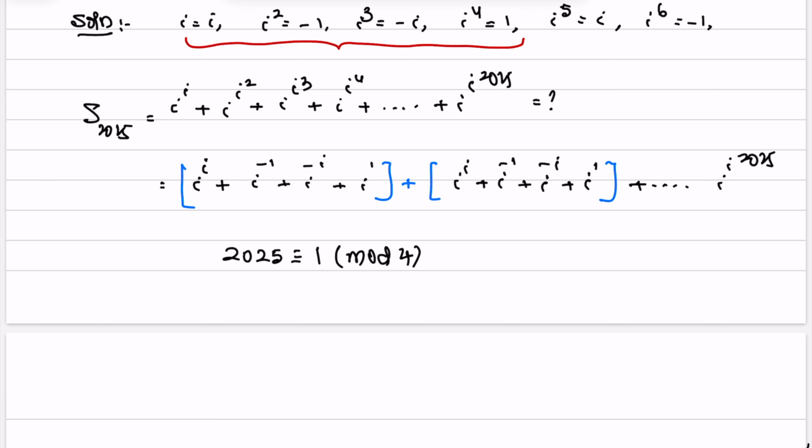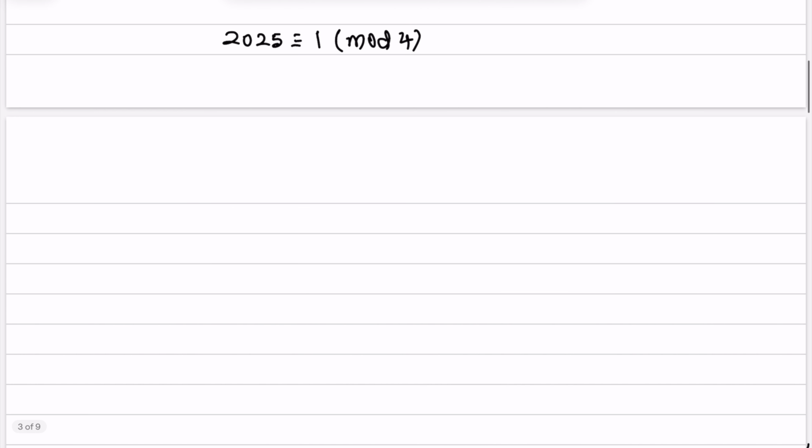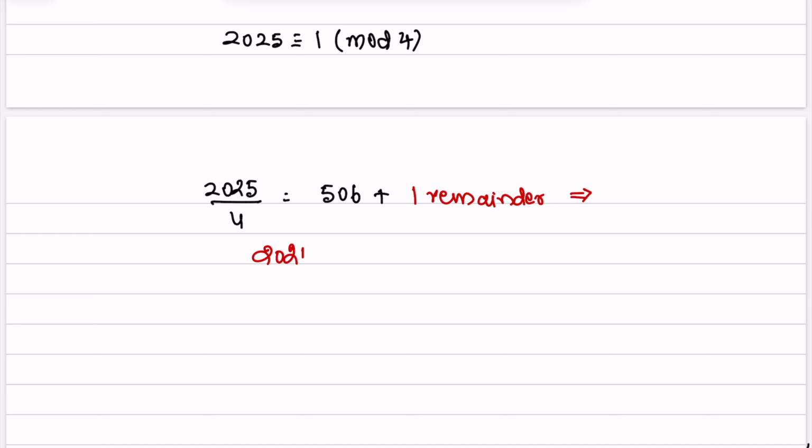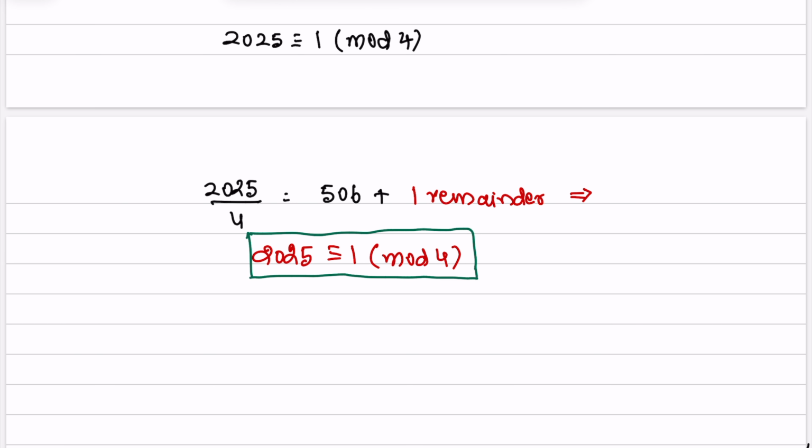This is from number theory. 2025 divided by 4 gives 506 with remainder 1. Hence, 2025 is equivalent to 1 mod 4. This is one observation we have got from number theory.